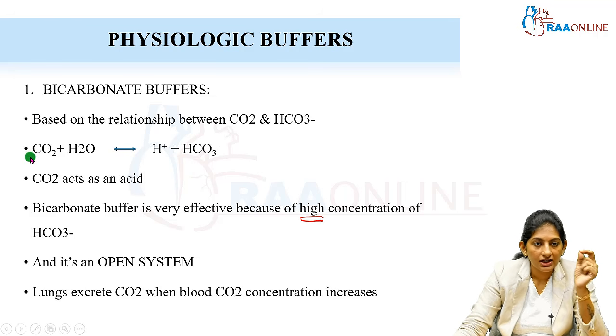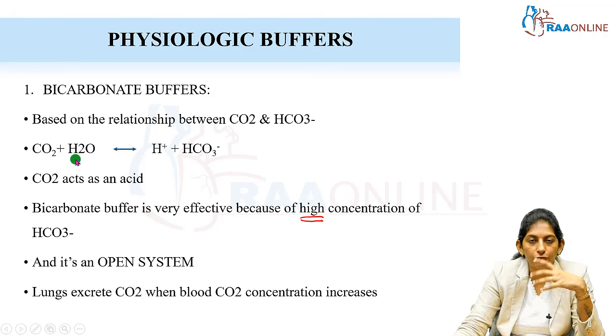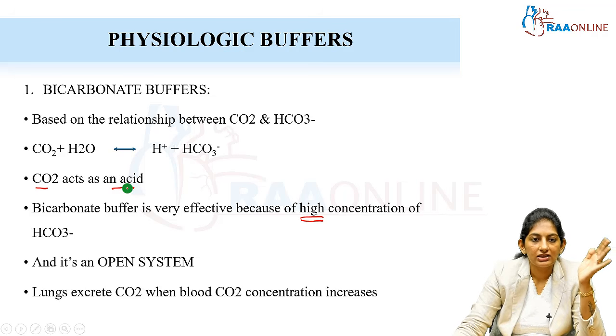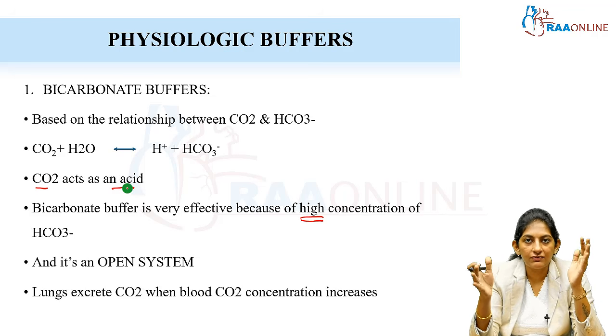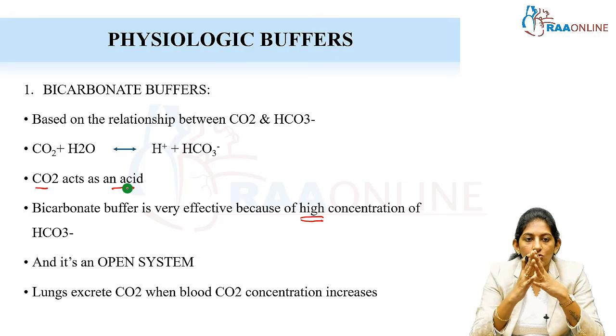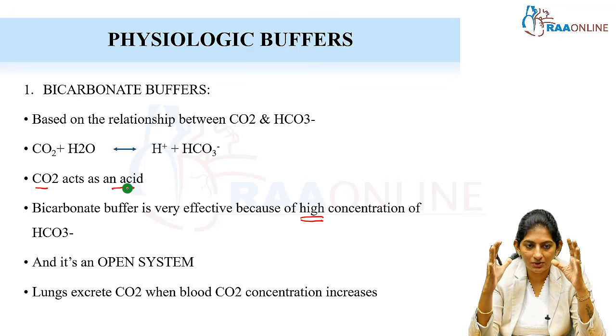Carbon dioxide combines with water to form carbonic acid, which dissociates to give H+ and bicarbonate. The enzyme responsible for this equation is the carbonic anhydrase enzyme. Carbon dioxide, we all know, acts as an acid. So this carbon dioxide and bicarbonate exist in a close relationship. This is an open system and this is one of the very effective buffers of the human system.